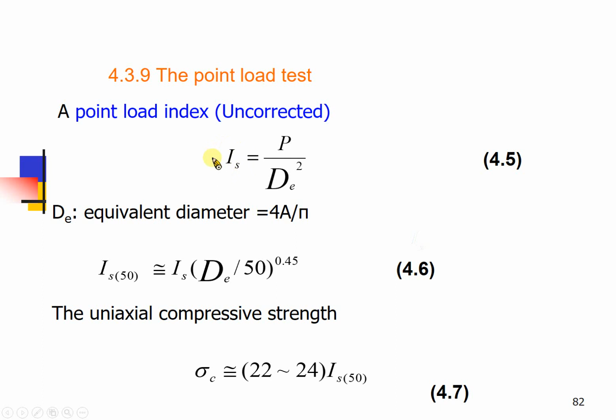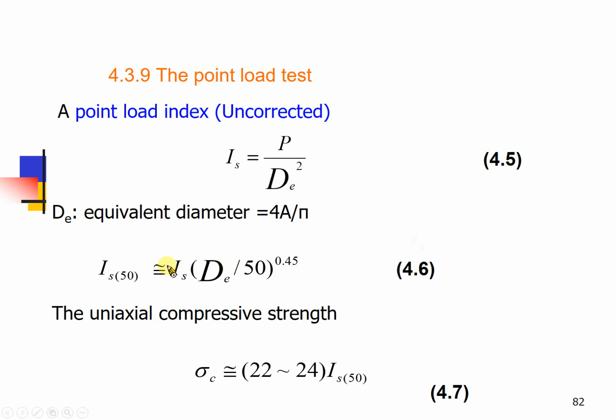Because of the size effect, if you have a small rock specimen, then you will have a higher strength. If you have a larger specimen, then you will have a smaller strength. So you need to make a correction to make the results approach the size equal to 50 millimeter.